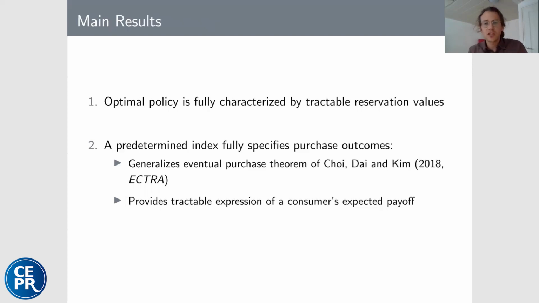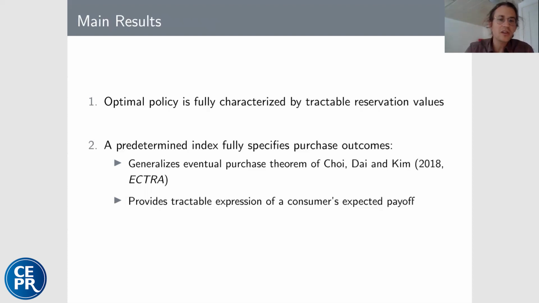The second main result that I show in the paper is that a predetermined index fully specifies purchase outcomes. This means that it is possible to specify which product a consumer will eventually buy without having to consider all these possible search sequences that can lead to different purchases. This result is essentially a generalization of the eventual purchase theorem of Choi, Dai, and Kim.